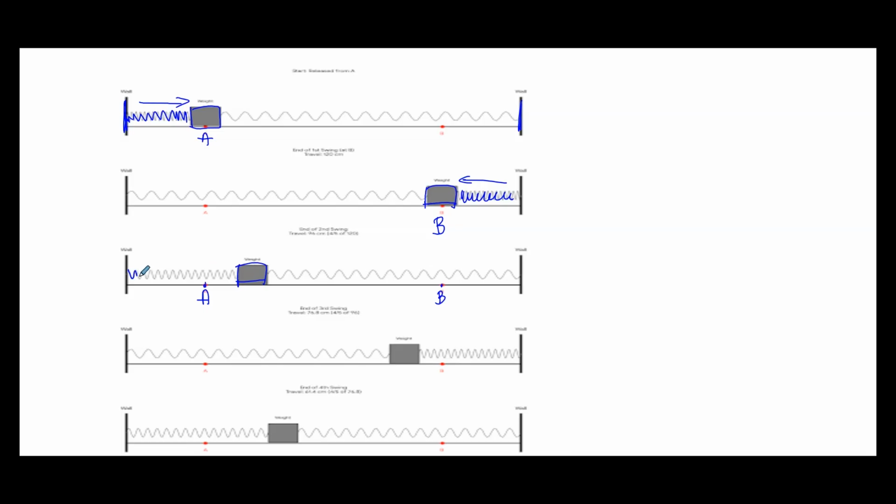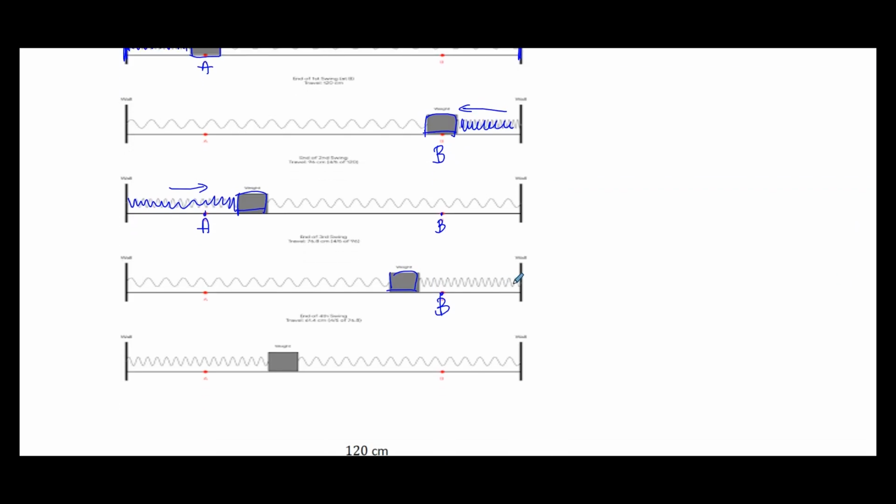And then again, this spring now is not as squashed as before, so it doesn't have that much force, but it still has pretty much force, so it will push it back. But because it's not as squashed, it will not reach point B. It will go from the point where it was to some distance before B. And then again, that one is not as squashed, so it's going to push it a lesser distance than the previous one.